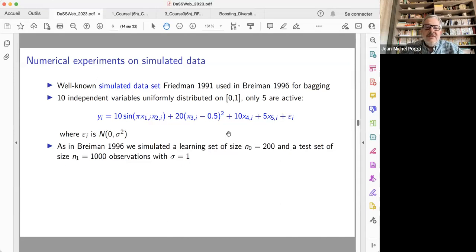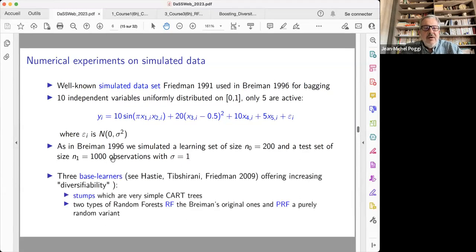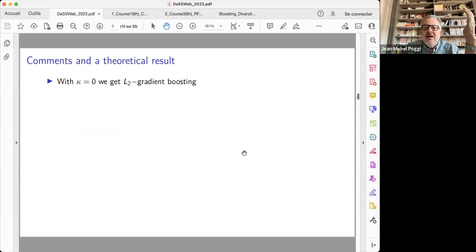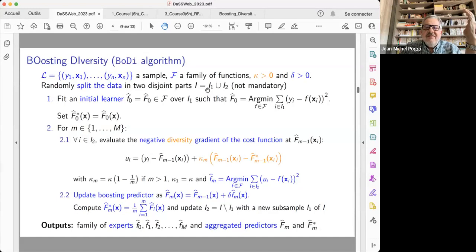So I don't want to discuss this model. It is a nonlinear model, classical in this kind of example, which has been used a lot of times. So we just propose to take the framework used by Breiman in his paper. And what is very interesting is the kind of base learner, that is, the family of functions F you use to approximate the regression function.